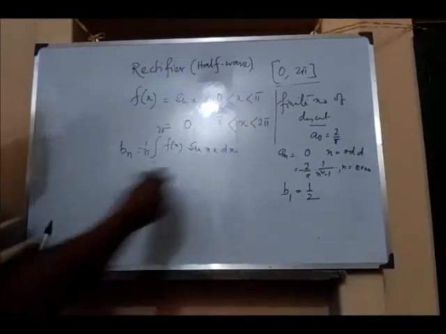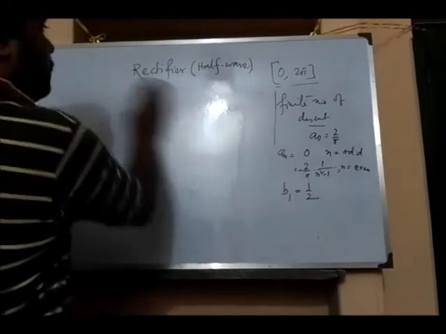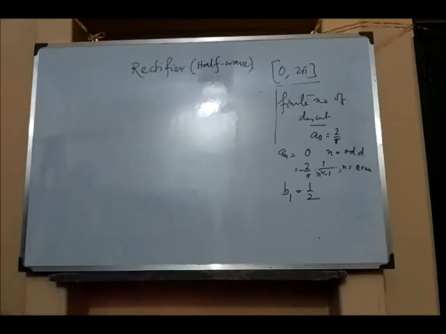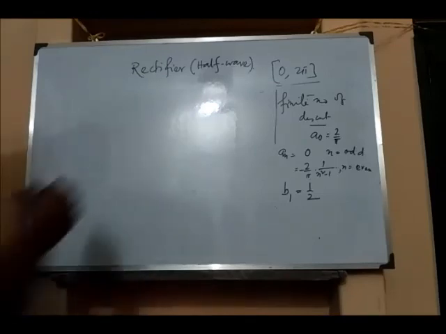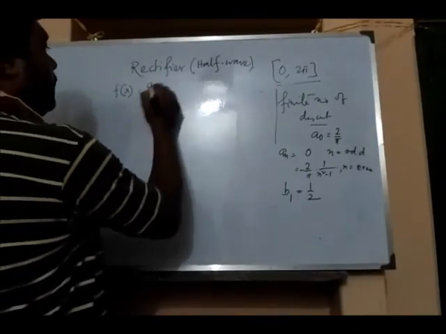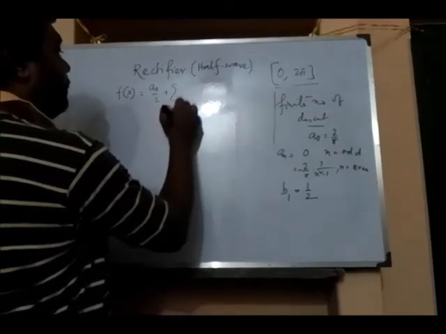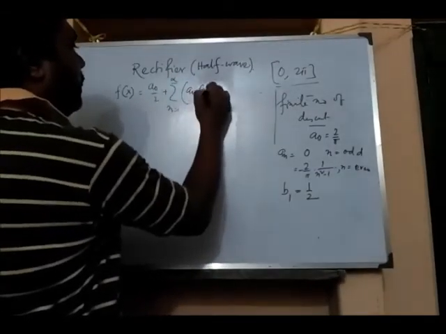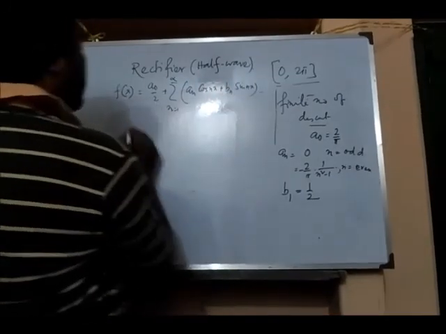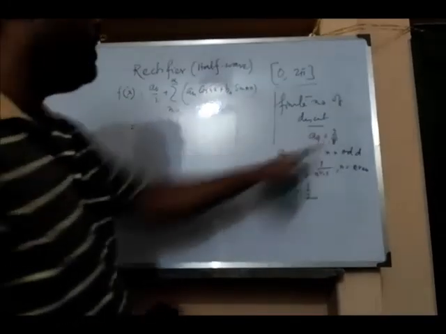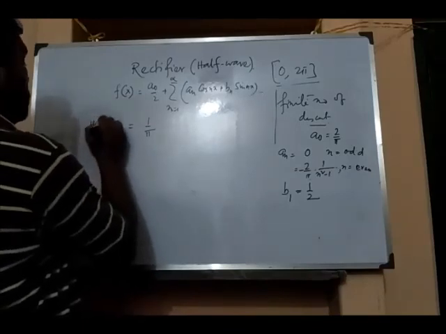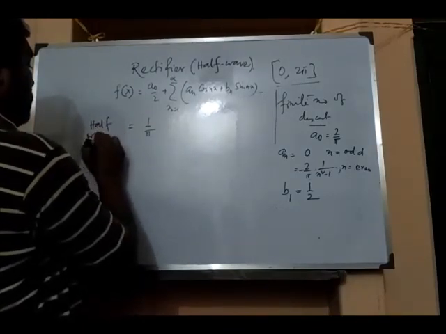The value of b_1 is just half. So if you expand this half-wave function in terms of a Fourier series, let us first write the Fourier series: a_0 by 2 plus sum of n equal to 1 to infinity a_n cos nx plus b_n sin nx, and this a_0 here is 2 by pi, so this will be 1 upon pi for the half-wave rectifier.